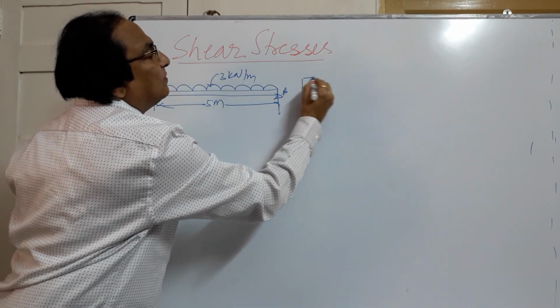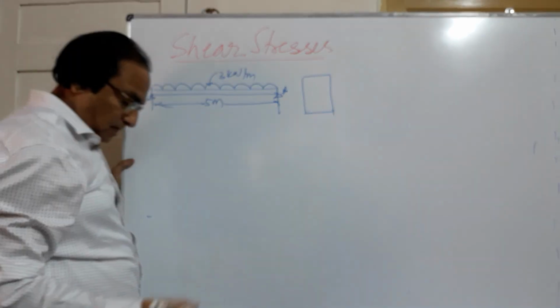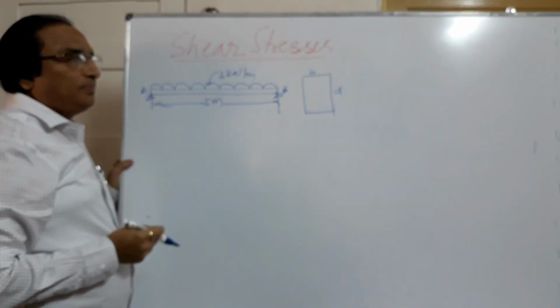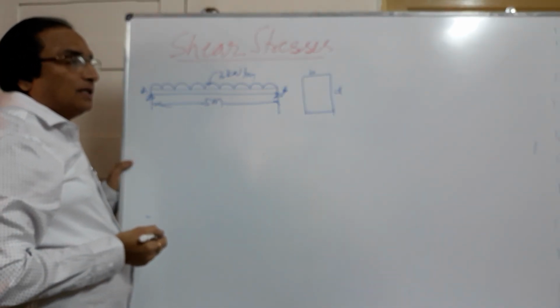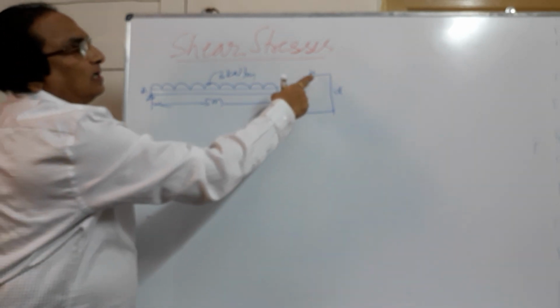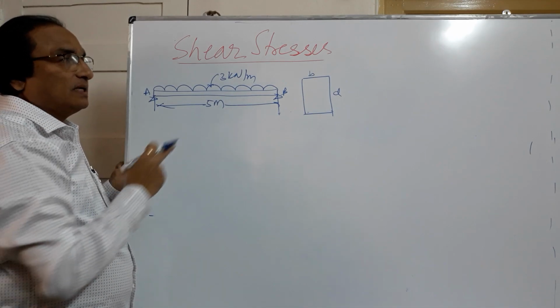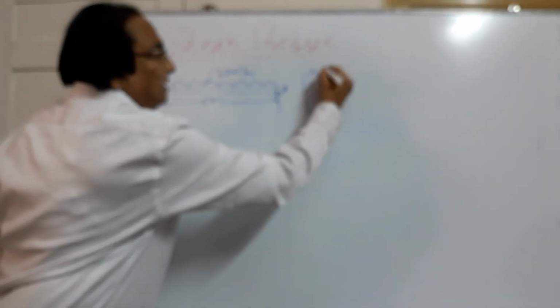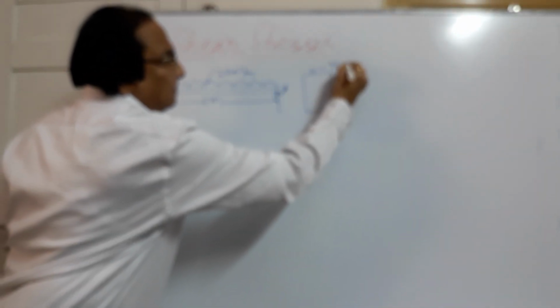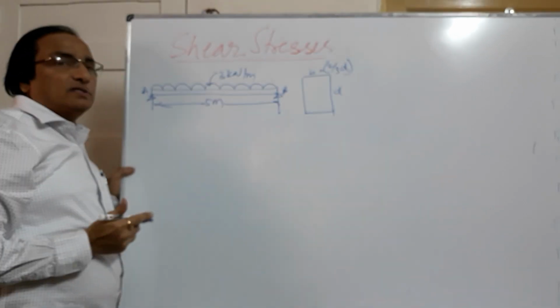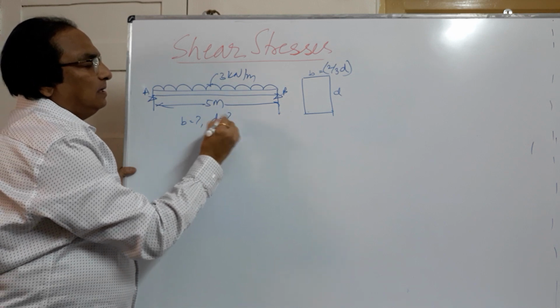If the cross section of the beam is rectangular, with width B and depth D, you are required to find the dimensions B and D necessary for a simply supported beam carrying a load of 3 kN per meter on a span of 5 meters. The condition given is that the width of the beam is 2/3 of the depth. So you have to find the width and the depth.